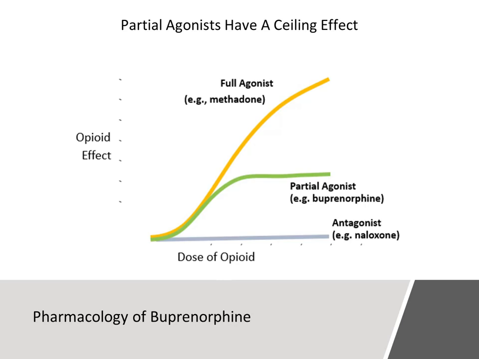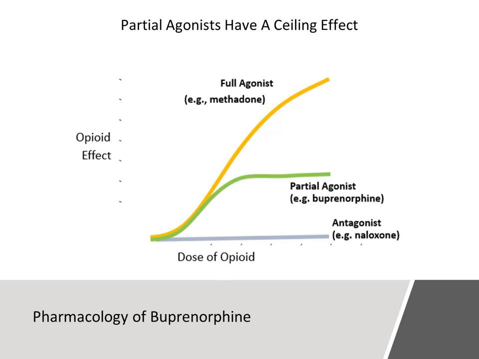Some additional properties. So the partial agonist does have a ceiling effect, as you can see there. It's the green line, and we do see that ceiling effect at about 16 to 24 milligrams. So when you add on additional buprenorphine beyond that dose, there isn't any additive effect.